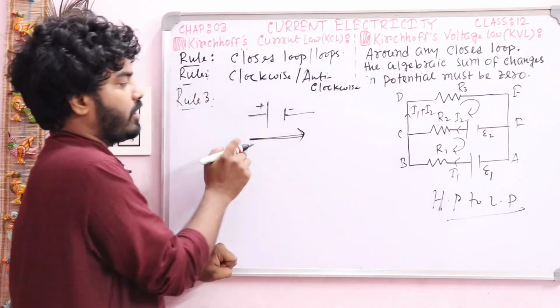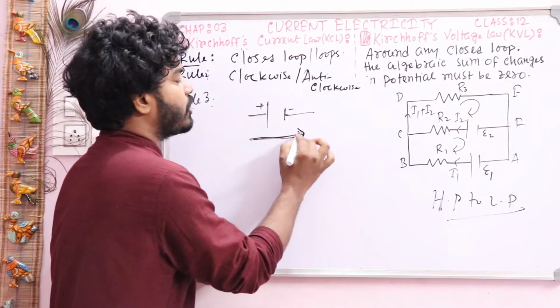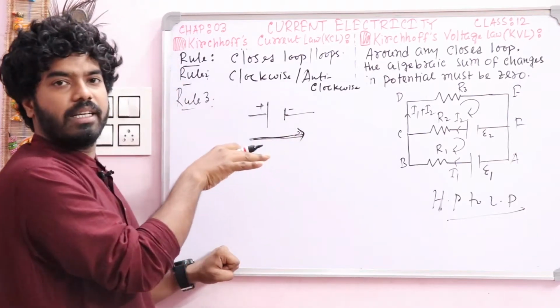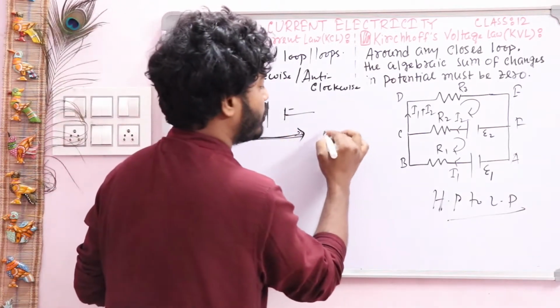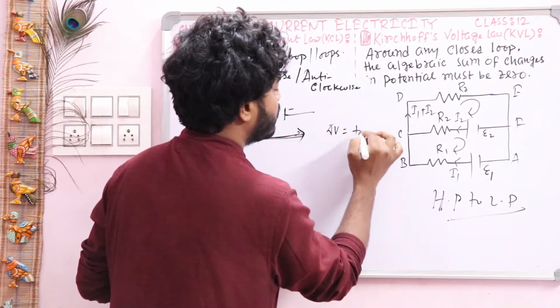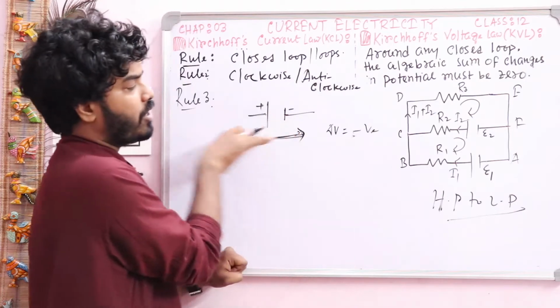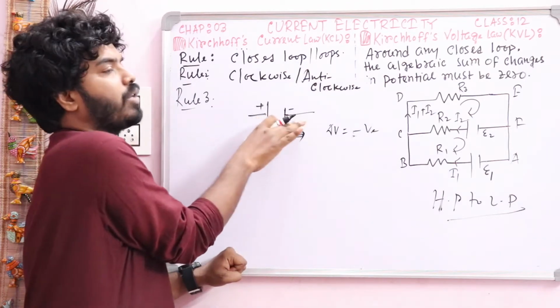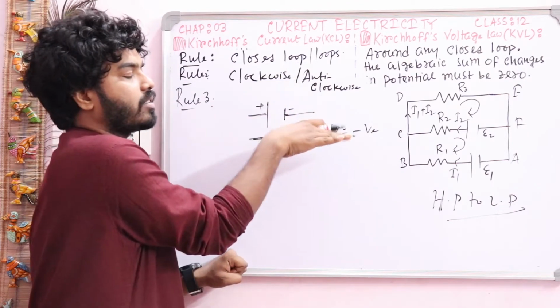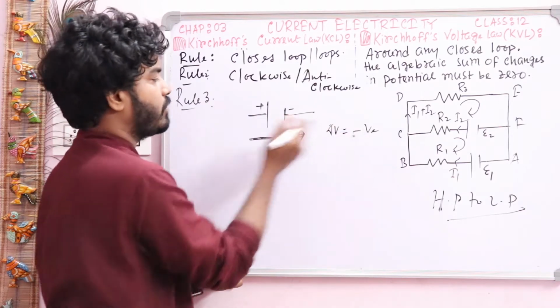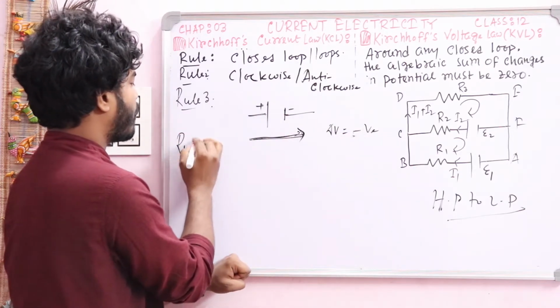When you are going in this direction, from positive to negative, the potential decreases, so you have to consider delta V as negative. Now rule number 4.